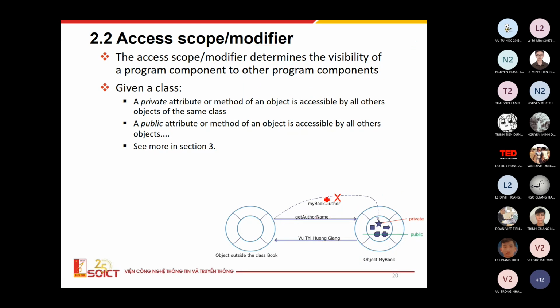So accessing the private attribute directly cannot happen. So you can use a public method to access this object, and this public method will help you to access the private property. Okay, maybe in the next slide you will see it clearly. Yeah.